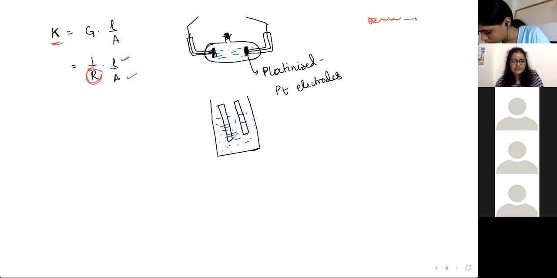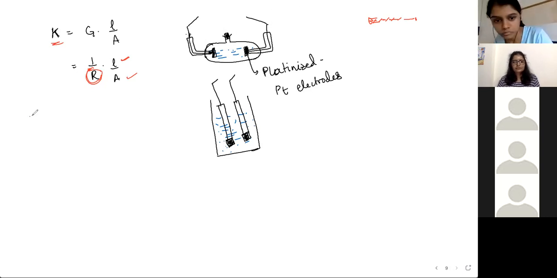These are your wires, and you have the platinized platinum electrodes right at the bottom, going to your connecting wires. So these are the designs for your conductivity cell.